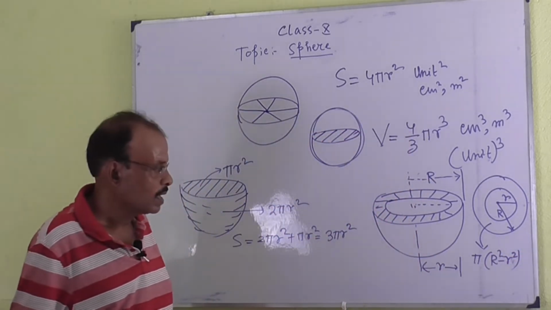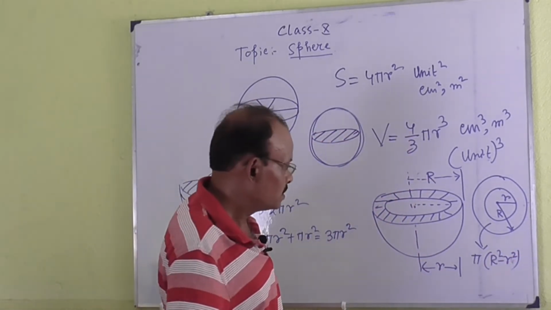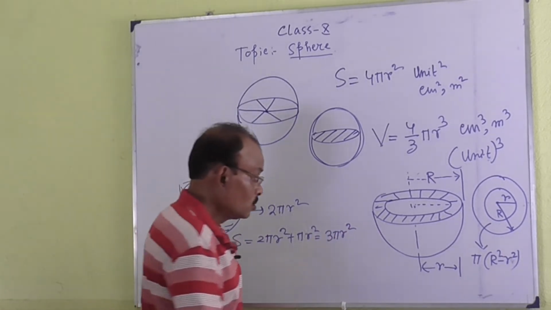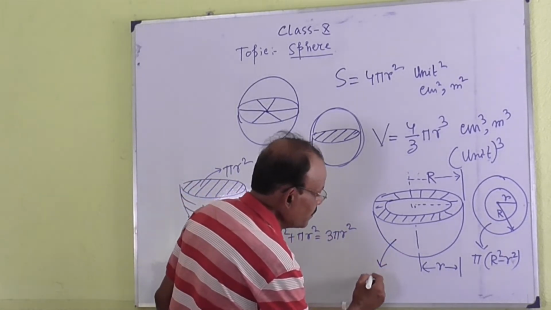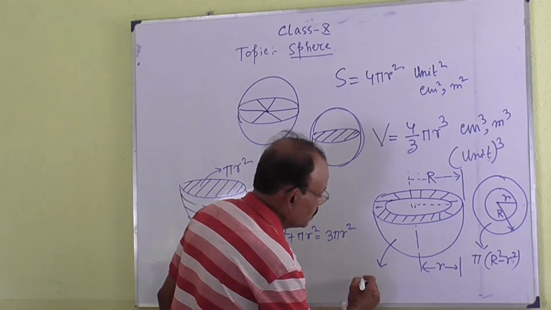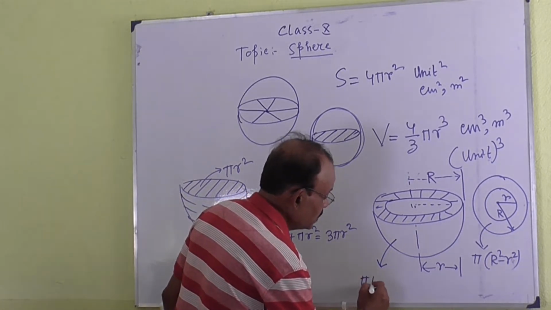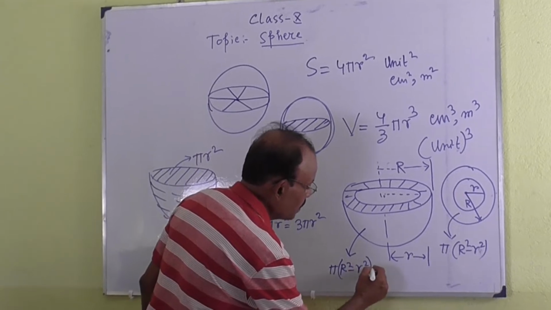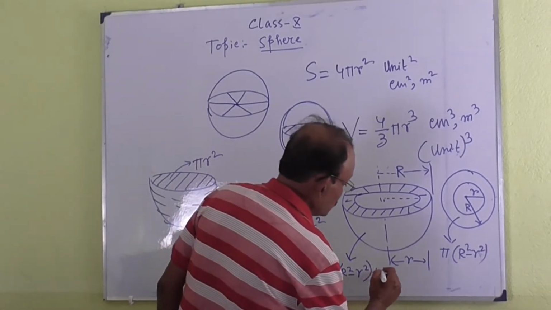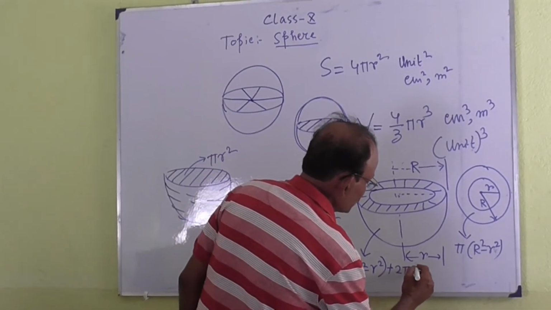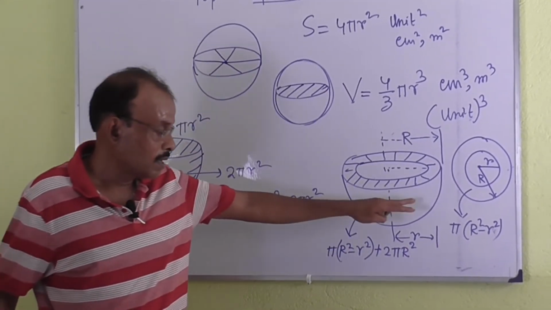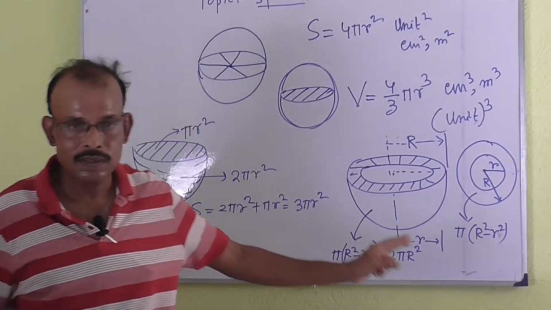Okay. If we have to find out the outer area, the outer area will be pi (R square minus r square) plus 2 pi R square, because this is the outer surface.